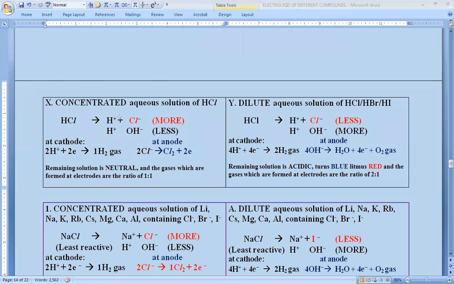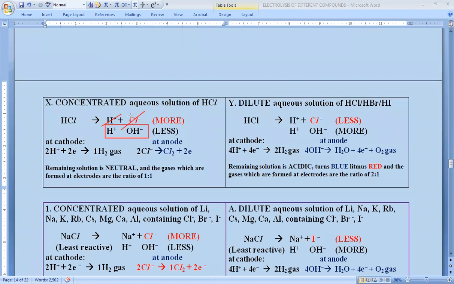Hydrogen is evolved from the solution as hydrogen gas, and chlorine is removed from the solution. So the remaining components are hydrogen and hydroxide ions, so the water remains in a neutral condition.